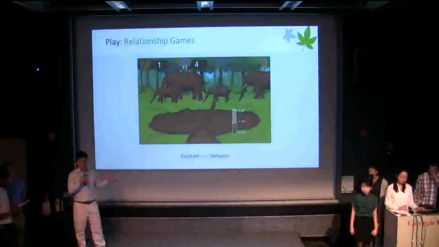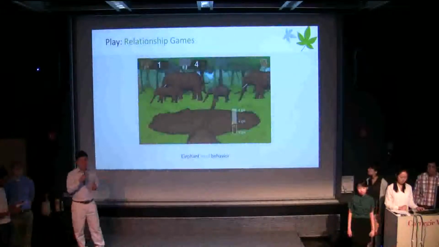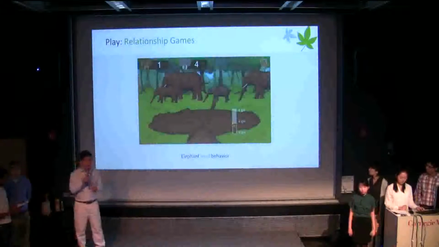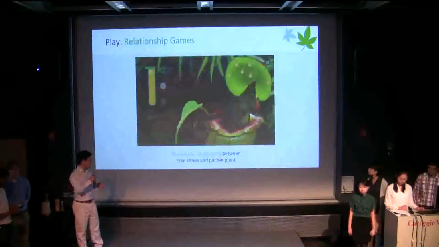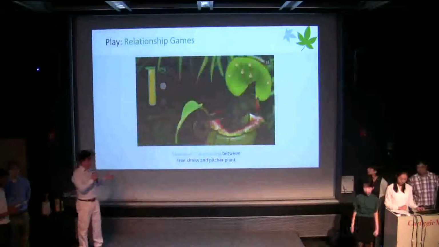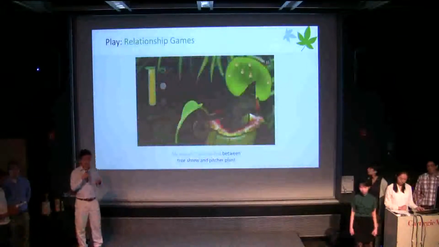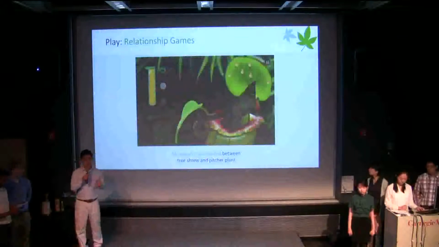And in the Congo rainforest, they experience elephant herd behavior, in particular that between a mother and its baby elephant. Last but not least, in the Southeast Asian rainforest, they learn how the tree shrew and pitcher plant depend on each other.